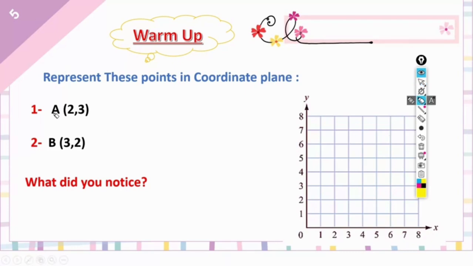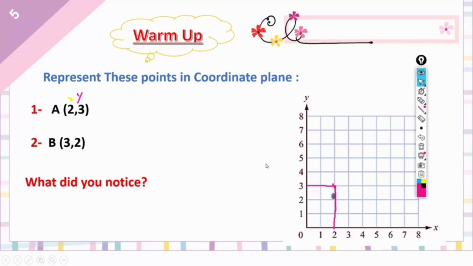So, we have A, which consists of 2 and 3: 2 on the x-axis and 3 on the y-axis. So we will start from 2 on the x-axis to reach 3 on the y-axis.